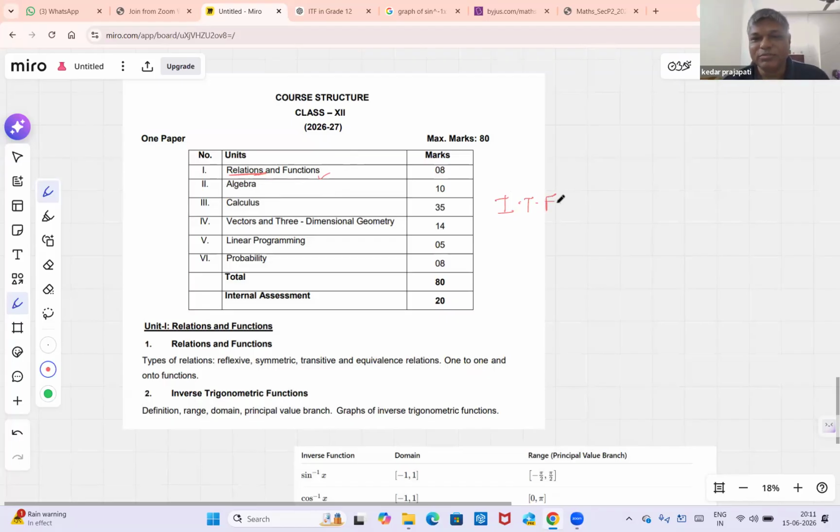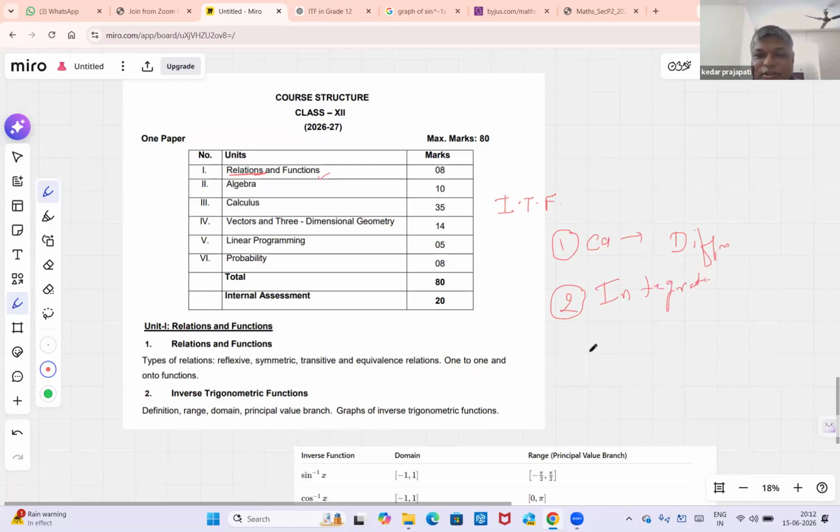Okay. Because this is a little confusing chapter. And if you understand the basics of this, it will also help you in your calculus, wherein you will be doing the differentiation, right? And it will also help you in integration, right?